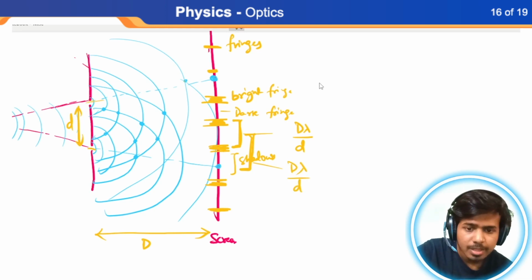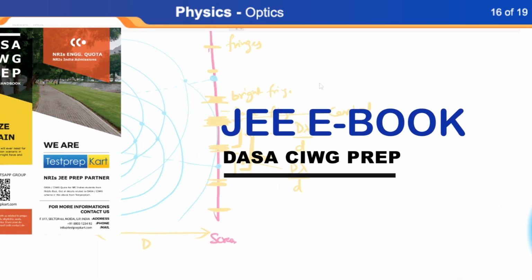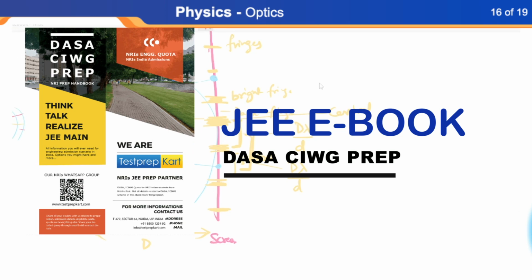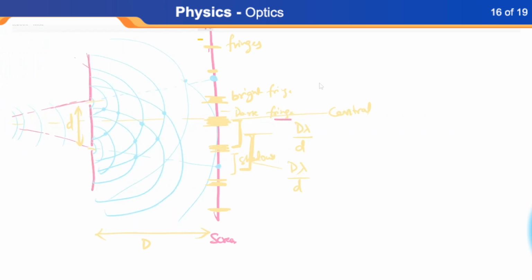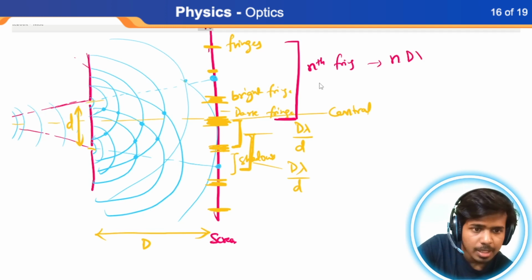So if you calculate the nth bright fringe from here, this is the central fringe, central because it appears to be in the middle. Whenever you want to find the distance between the central fringe and the nth fringe, it is going to be simply n D lambda over d.